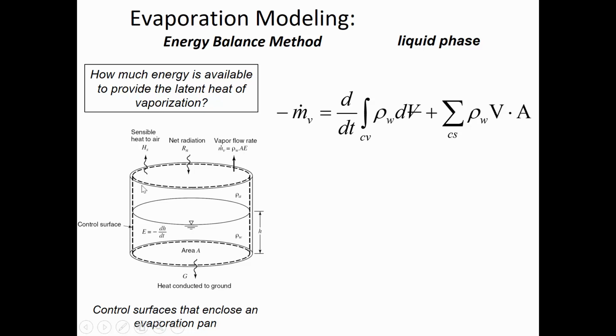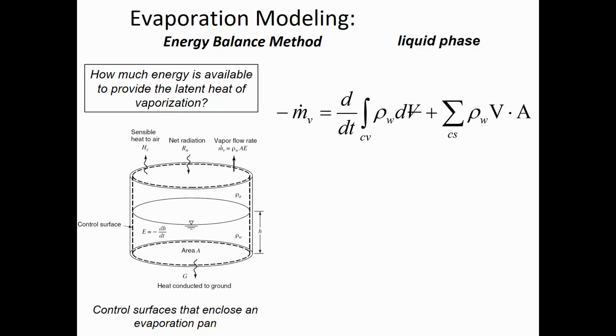And so the control surface that we're most interested in here, if we assume that this pan is impenetrable, so there isn't movement of water down into the Earth's surface, we're mainly going to be interested in looking at the movement of water above the liquid surface. Now here E stands for evaporation, and it is negative dH/dt.